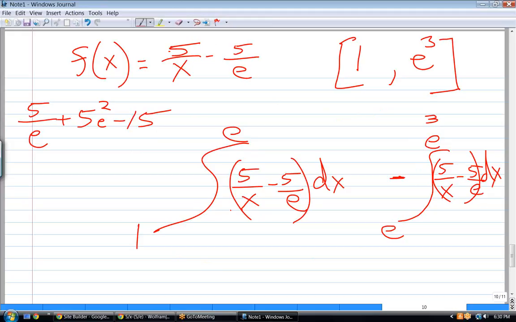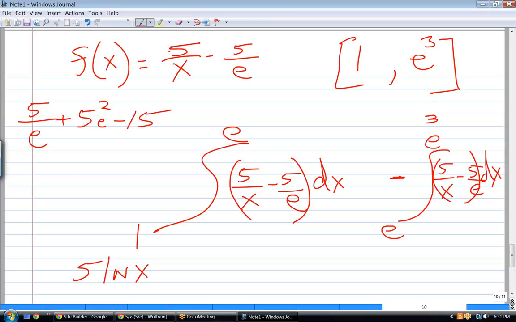It's the antiderivative of 5 over x. So that would be 5x to the negative 1, 5 natural log x. Yes, because it would be 5x to the negative 1, and if you try to use the power rule, it's not going to work because you're going to be dividing by 0. So that's the one time, whenever you find yourself dividing by 0, the answer is natural log of x.